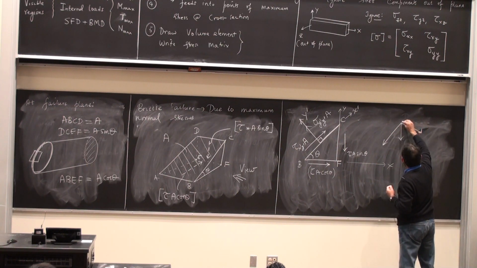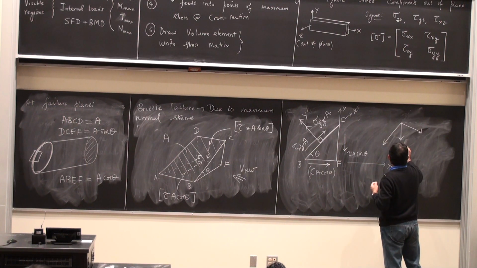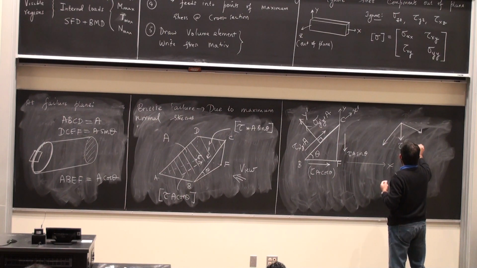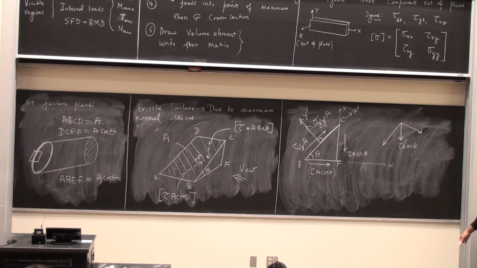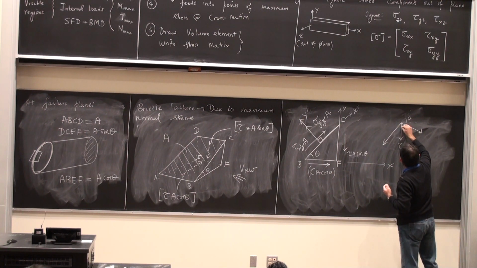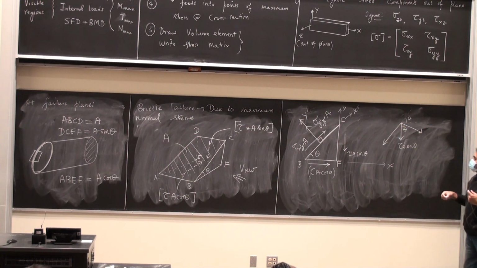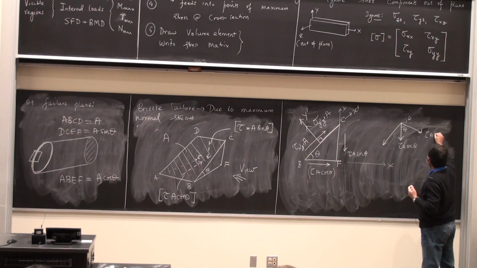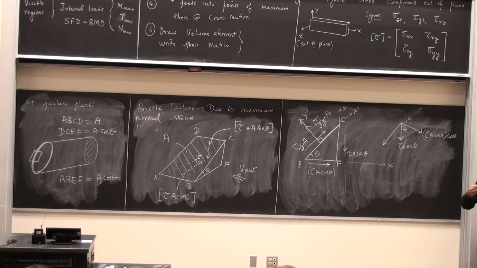Okay, so this is tau A sine theta, and then I have the angles. This is theta. So I'm going to have tau A sine theta cos theta. That's one of the components.